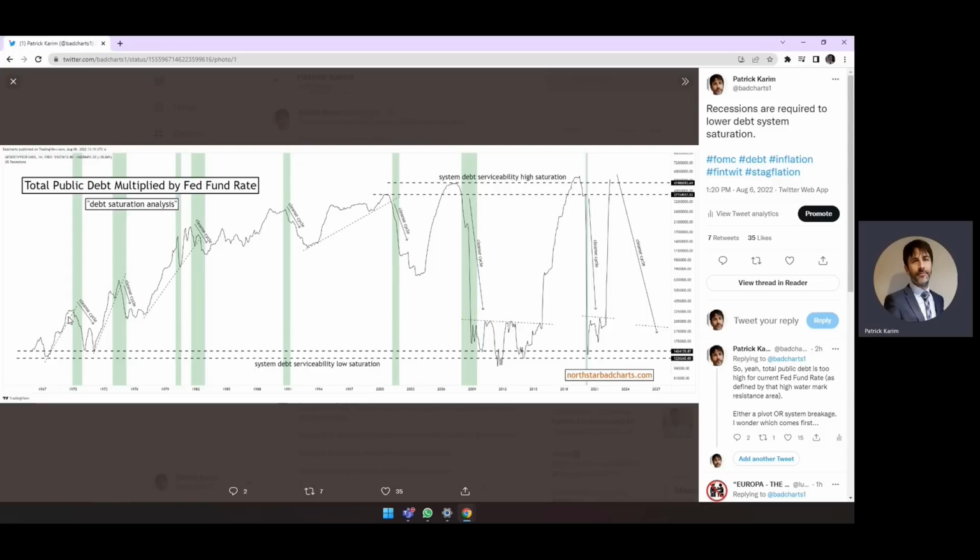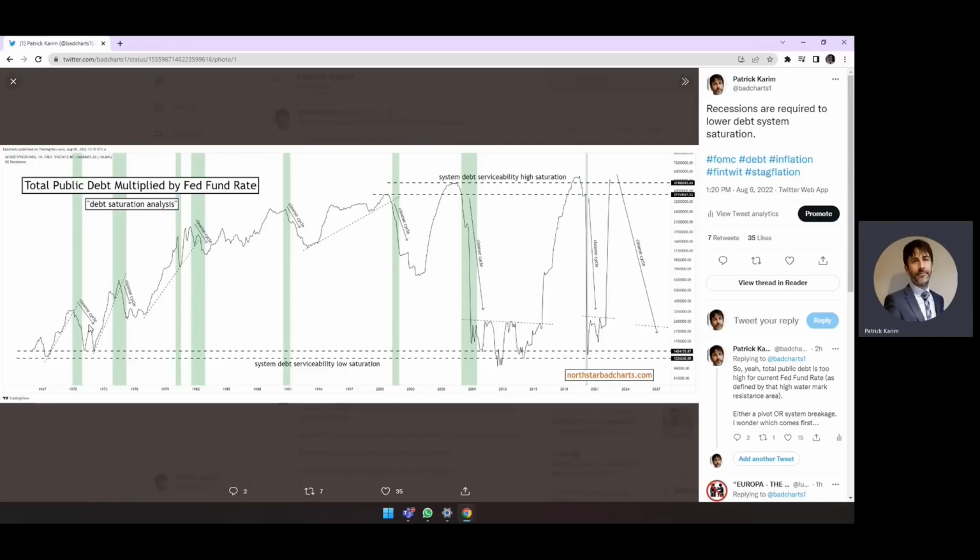The Fed fund rate's going up, there's too much debt, and then you have to cleanse. Either the debt has to be reduced, which is rarely the case. It's more the Fed fund rate going down that makes this ratio go down, and the debt becomes sustainable. The servicing costs are less.